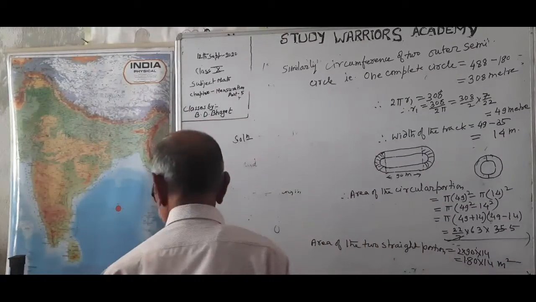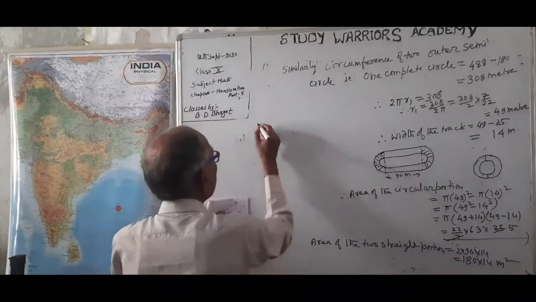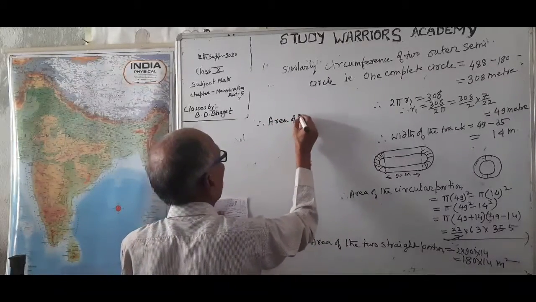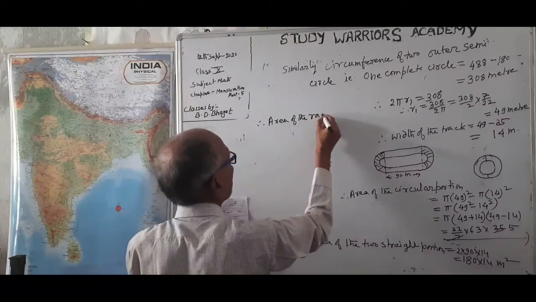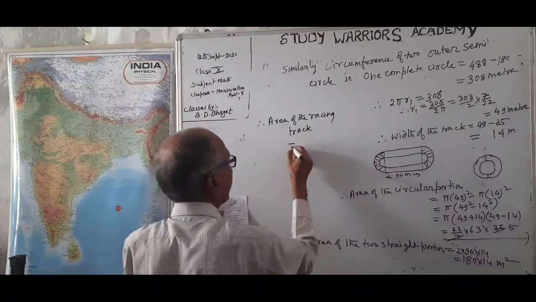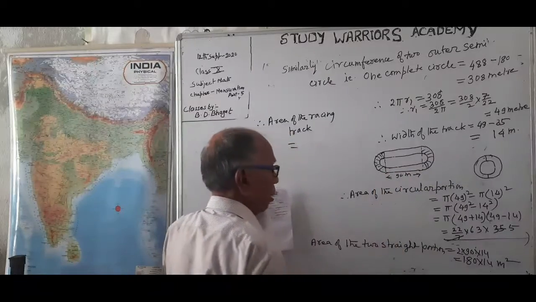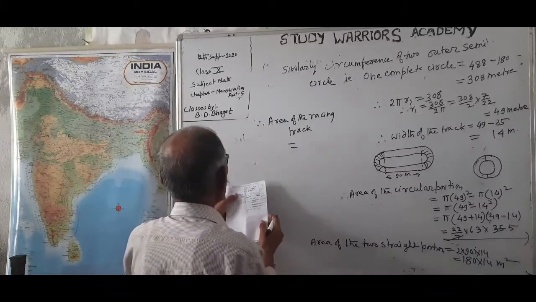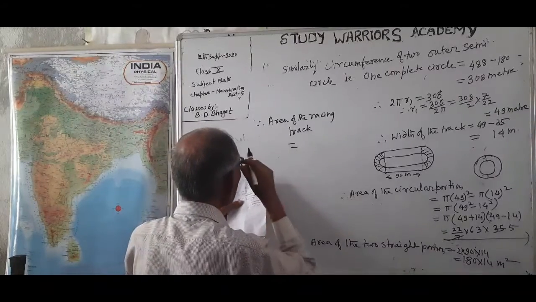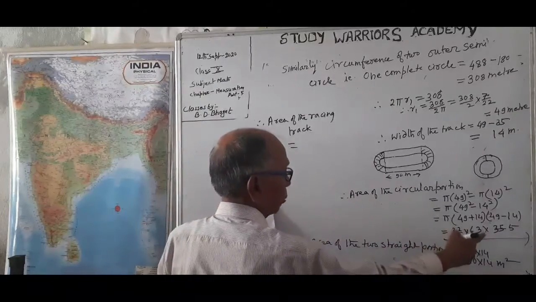Now, therefore, at the end, the whole area of the track, the racing track, we add these two, that means area of the circular portion plus area of the two straight portions. The calculation you can do yourself.